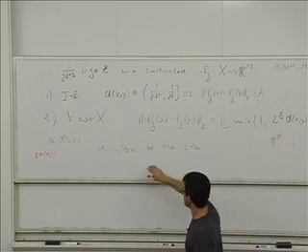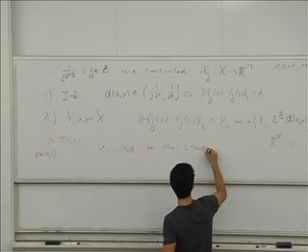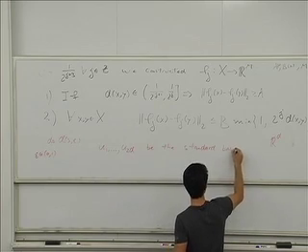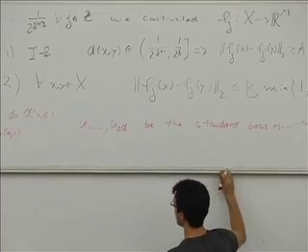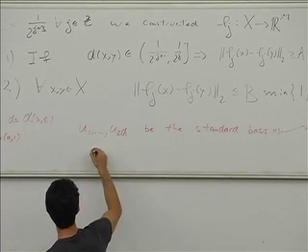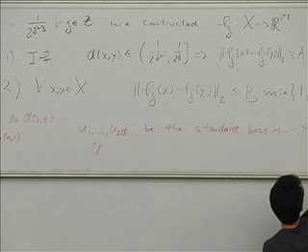So U1 up to U_2D is the standard basis of R^D.